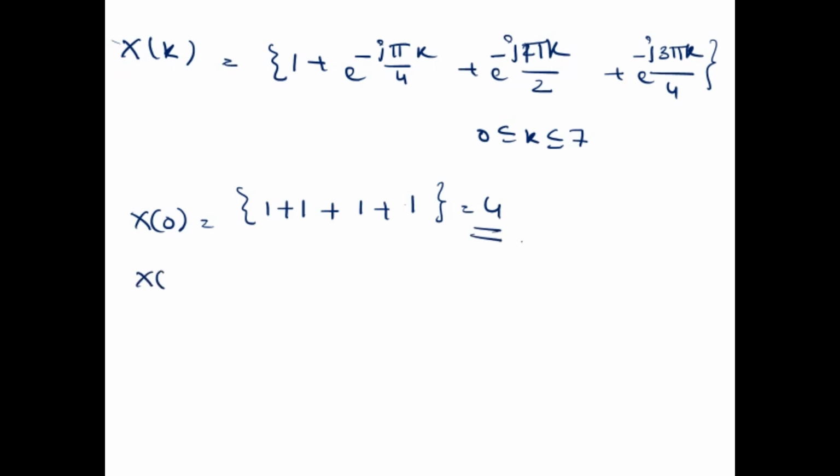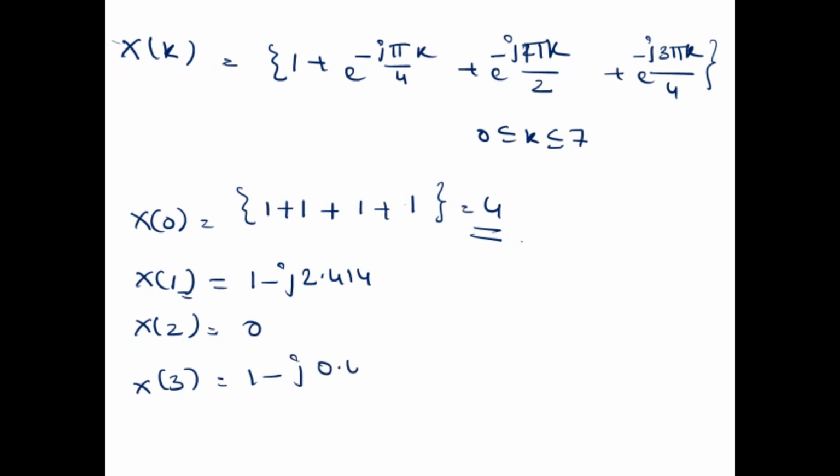Similarly, at k is equal to 1, we get the value 1 minus j 2.414. x of 2 is 0, x of 3 is 1 minus j 0.414, x of 4 is 0, x of 5 is also 0, x of 6 is 0, x of 7 is 1 plus 2.414j.